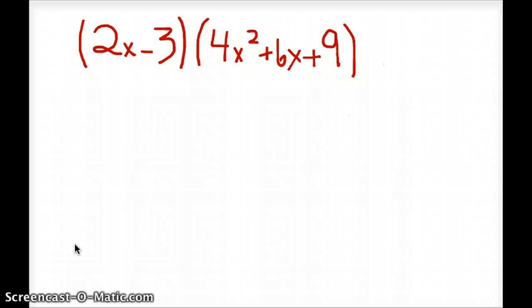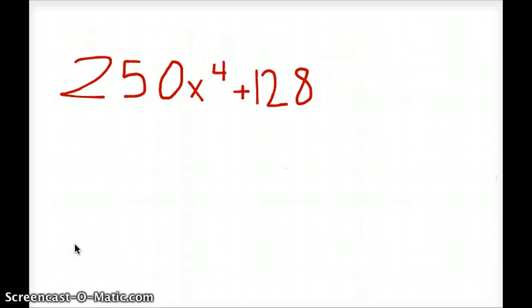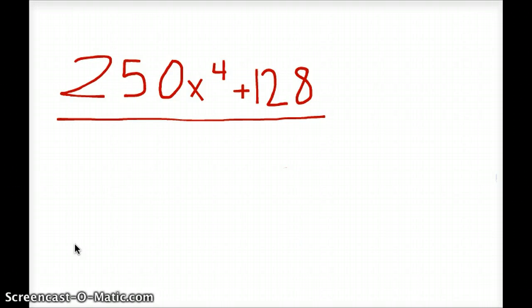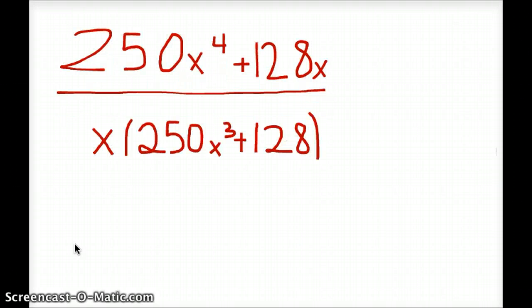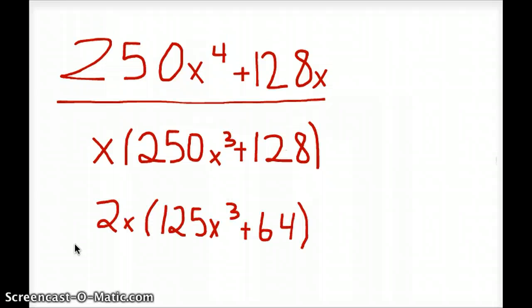You can solve this equation using the sum of cubes equation that we talked about earlier. The first step in solving this problem is we must factor x out of the equation. Then you also factor out a 2, and when you do so, you will get 125x cubed plus 64.